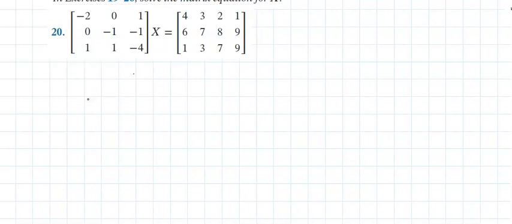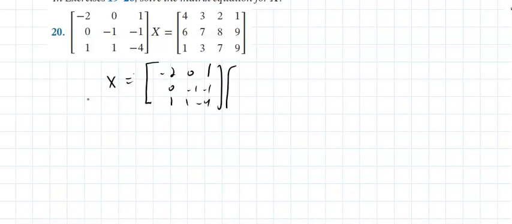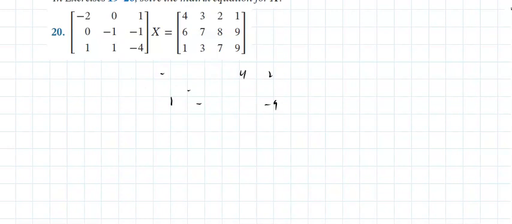So we're going to say here, x is going to equal the inverse multiplied by 3, 2, 1, 6, 7, 8, 9, 1, 3, 7, and 9. That's really how it's going to work. It's really like this.